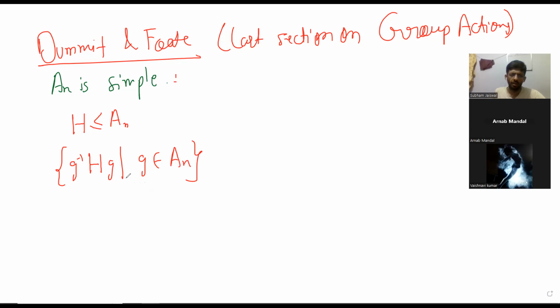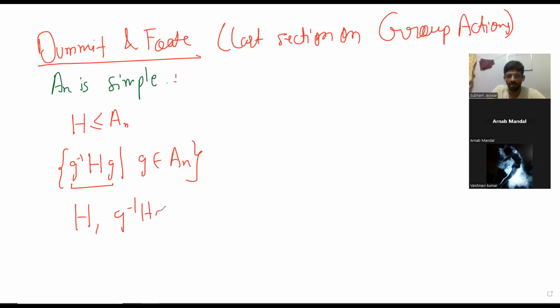Will it be a group? Sorry, no, this will not be a group. Why do you think this will be a group? Each of these things are groups, correct? H is a group.